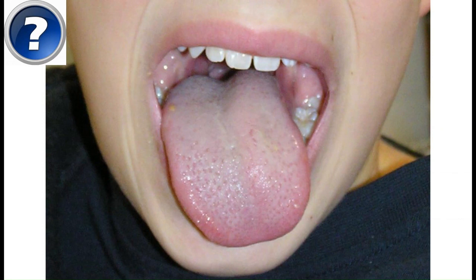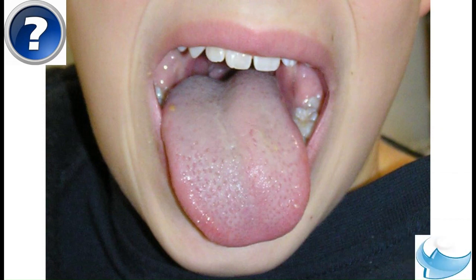Where is the nucleus of the hypoglossal nerve? It is in the medulla oblongata. Now, these are the basics. Let us explain what is happening, and when this tongue protrudes deviating to the left, which hypoglossal nerve is affected.